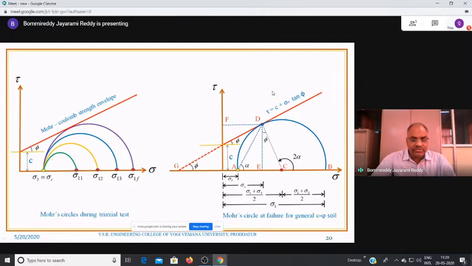At this point the soil is not going to fail. Again we continuously apply additional stress. If you plot the Mohr circle, this is sigma 1 2, and at this stage also it has not failed. That means this is the second reading, and you get one more reading, a third reading. Here also it has not failed, and then another reading. Like that you can take several readings, and at a particular stage it is going to fail.